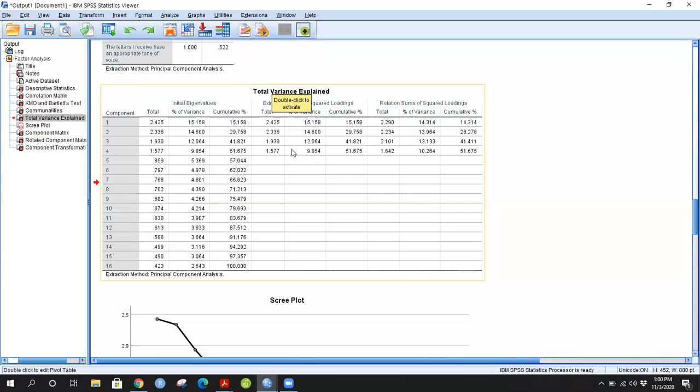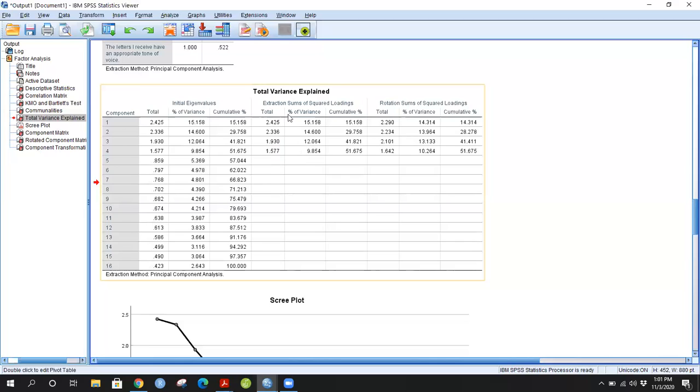Here the extracted components are 4, and you must always remember that the first factor will always account for the most variance, and hence it has the highest eigenvalue also. The second factor will account for less variance compared to the first, and so on. This number is going to decrease, so each successive factor will account for less and less variance.